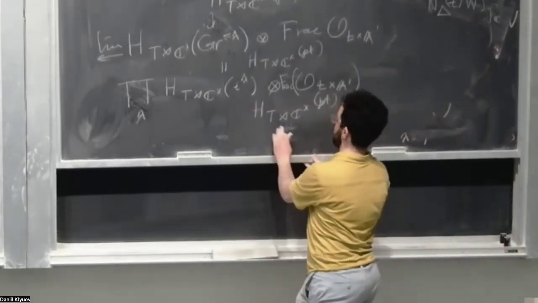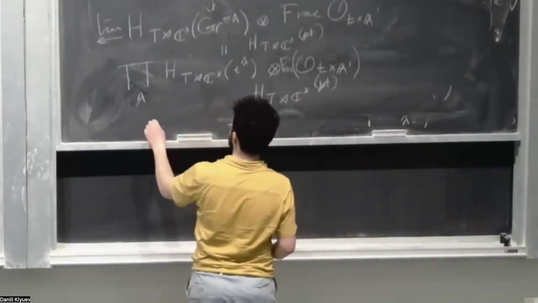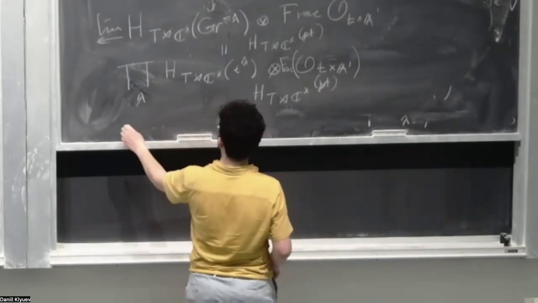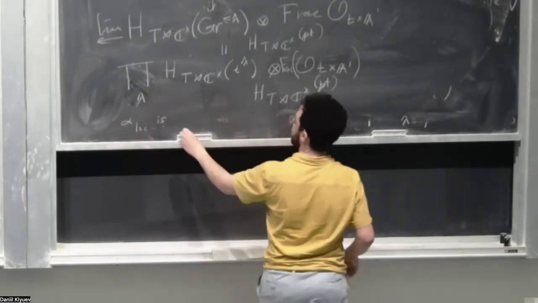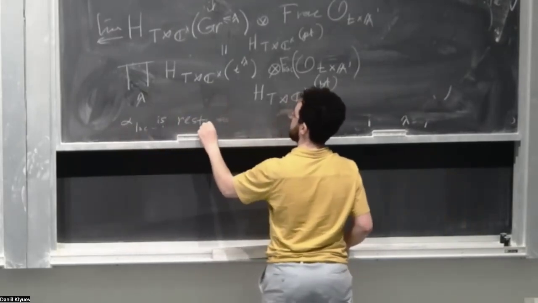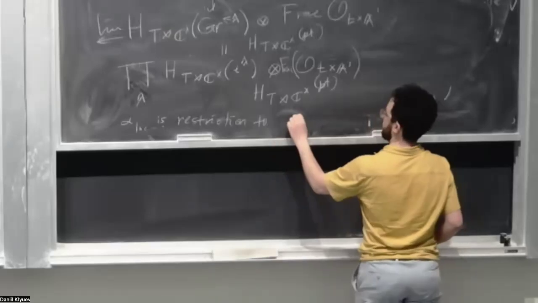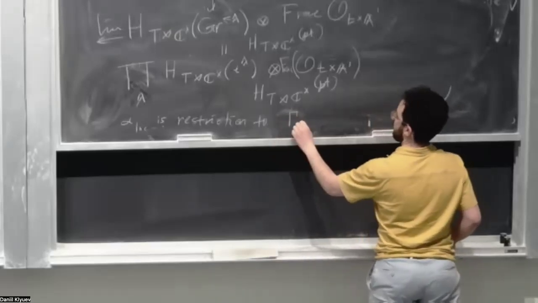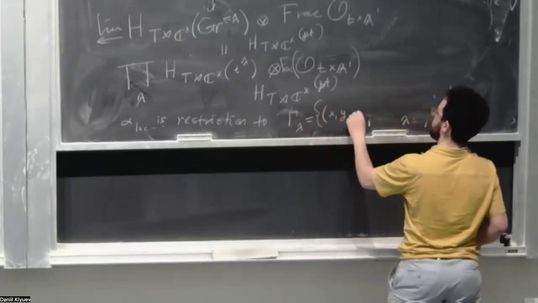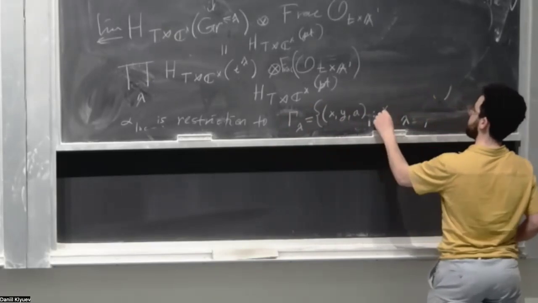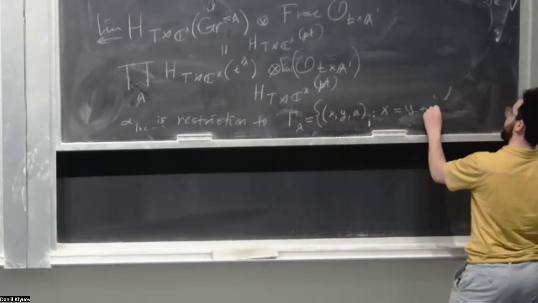And the statement, which is not hard to see, is that alpha log is like each component is the restriction to what they denote as gamma, which is x, y, a, and x equals y plus a lambda.